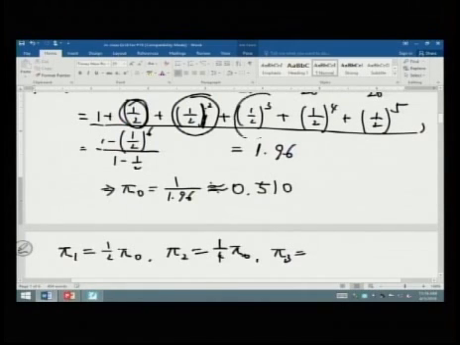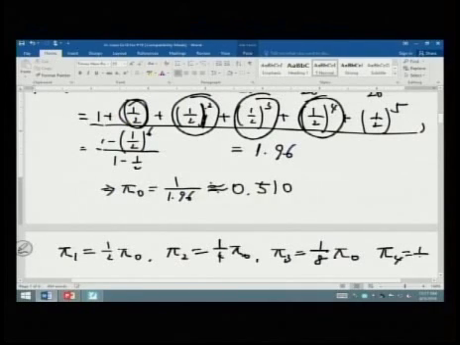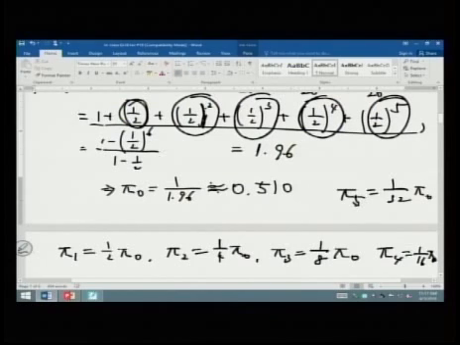Pi 3 is this, 1/8 times pi 0. And then pi 4 is this, 1/16 times pi 0, which means pi 5 is this, 1/32 times pi 0.